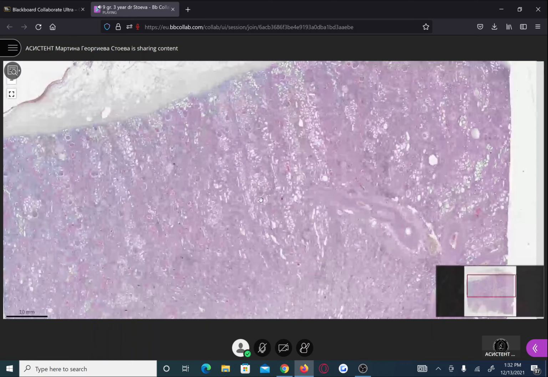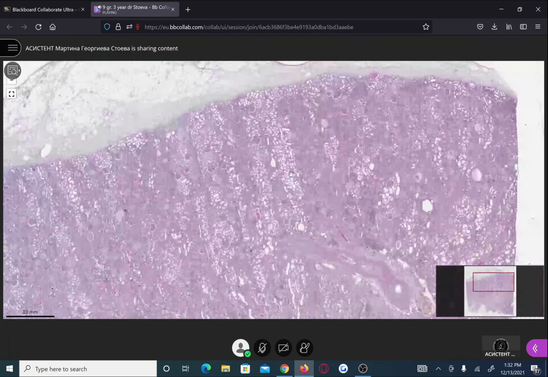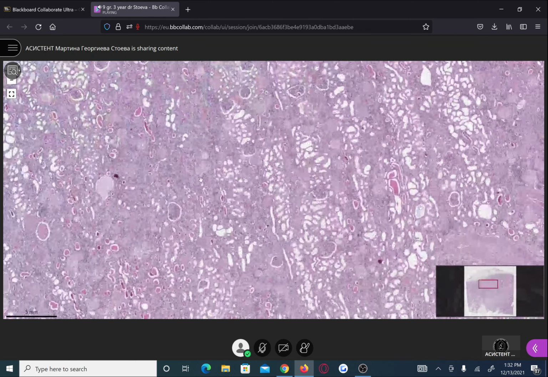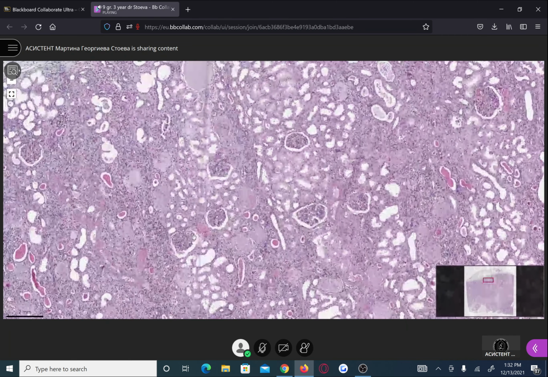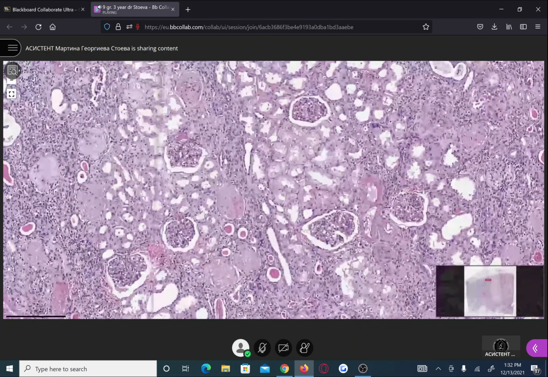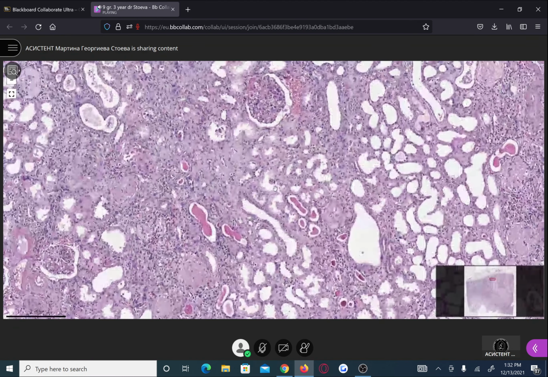How to recognize the kidney? When we zoom in, of course, it should be the area of the cortex. We can find glomeruli. Some of them are still normal, even show some features of hypertrophy because they are trying to compensate for the lost function of the hyalinized ones.